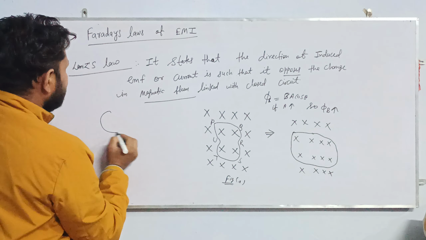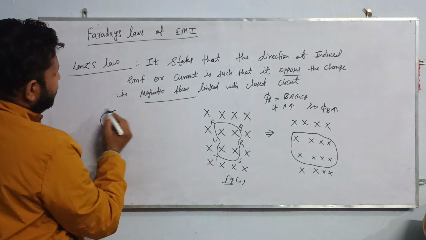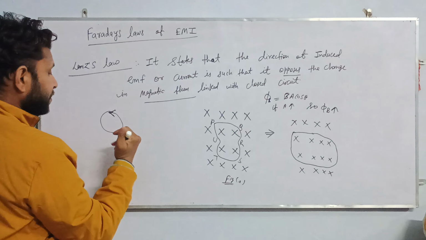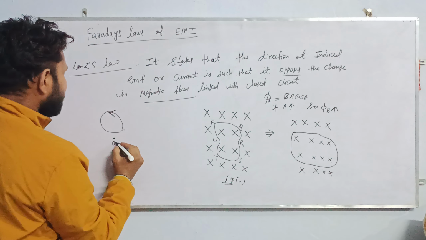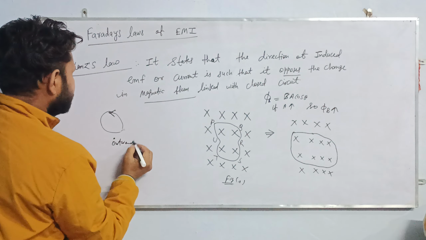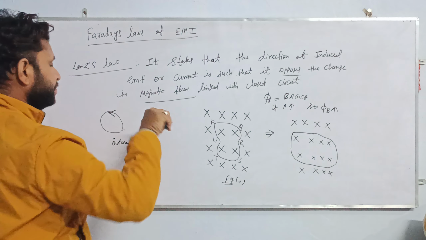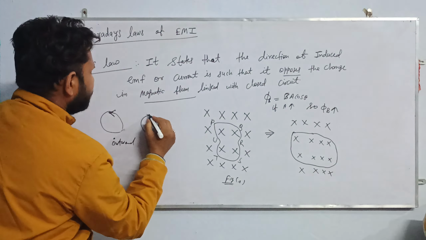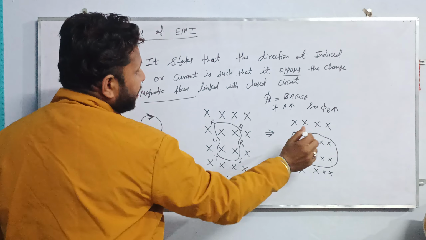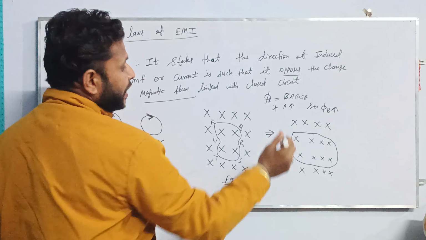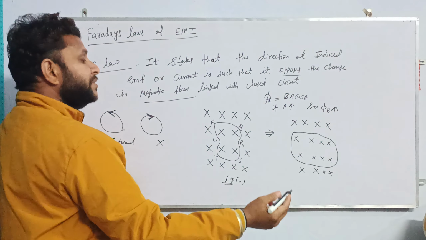As we have seen, if current is in this direction, then outward magnetic field, and if in this direction, then inward magnetic field. Here in this figure, inward magnetic field, and if A increases, then flux increases.